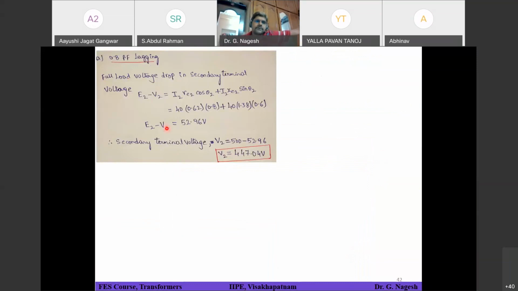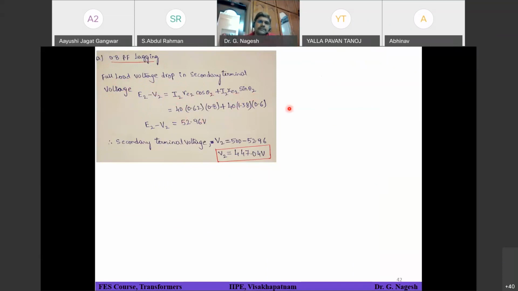Okay. So for lagging power factor load, the full load voltage drop. It is full load because the current you have calculated, I2, is the rated current. That's why you call it the full load voltage drop in the secondary terminal voltage. For this power factor, E2 minus V2 is the formula you have already seen: I2 RE2 into cos of theta 2 plus I2 XE2 into sin of theta 2.